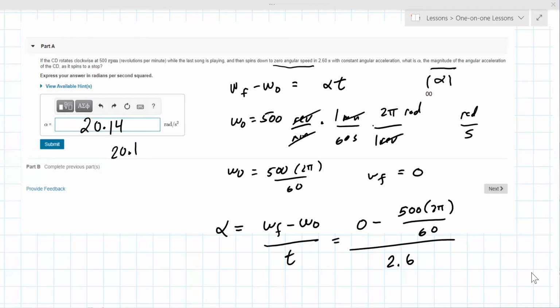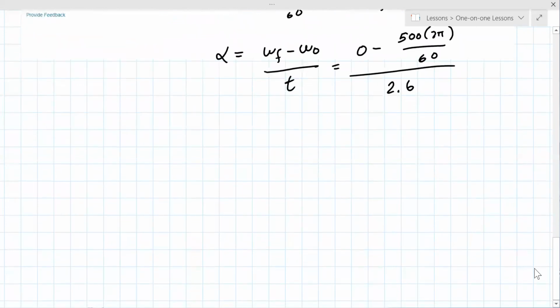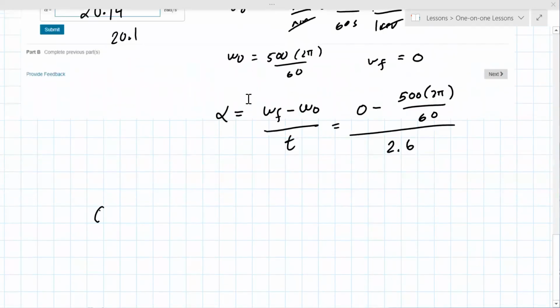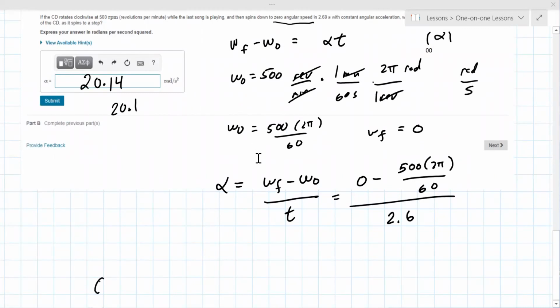How many revolutions does the CD make as it spins to a stop? Number of revolutions. Okay, so this is going to be something like theta final. Slowing down, we have alpha now.